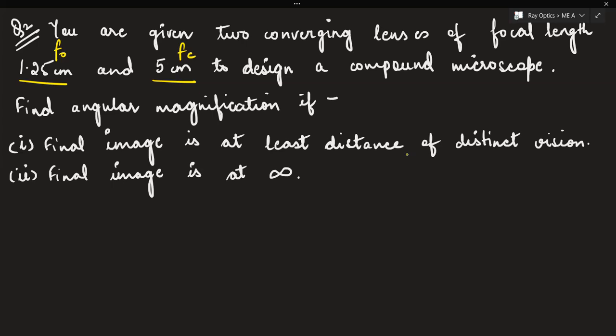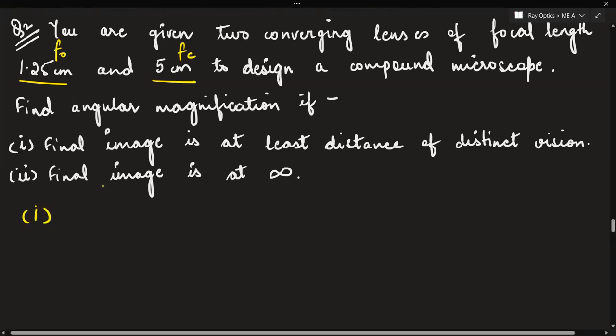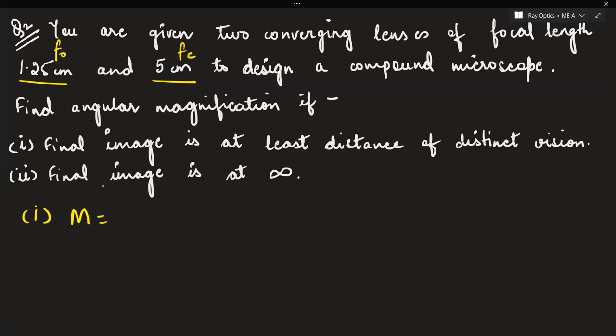By the way, what was least distance of distinct vision? What was the value of least distance? 25 centimeters, right? 25 centimeters. Good, Priya. So first part says image is at least distance of distinct vision. So magnification formula is M is equal to V naught by U naught times 1 plus D by FE.